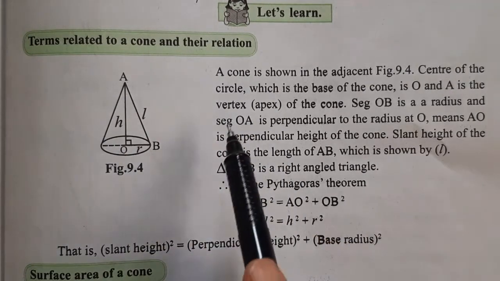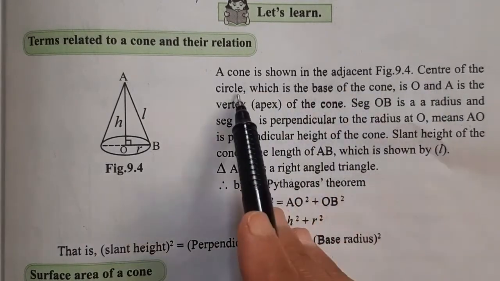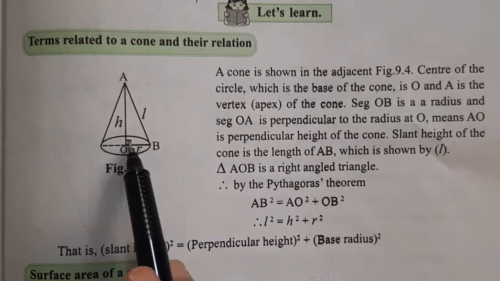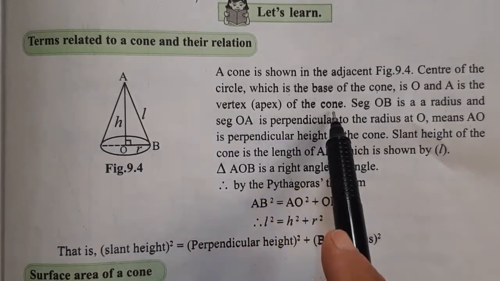Now see the information. A cone is shown in the adjacent figure. O is the center of the circle, which is the base of the cone. Then A is the vertex of the cone.